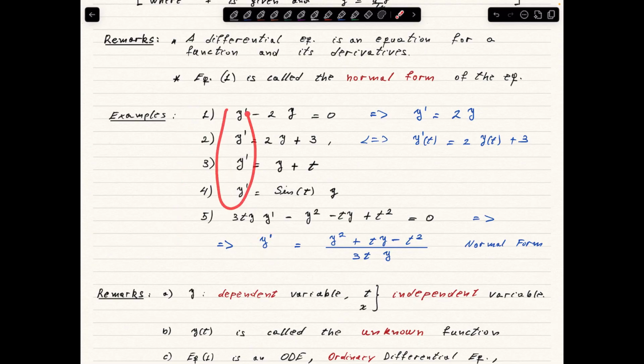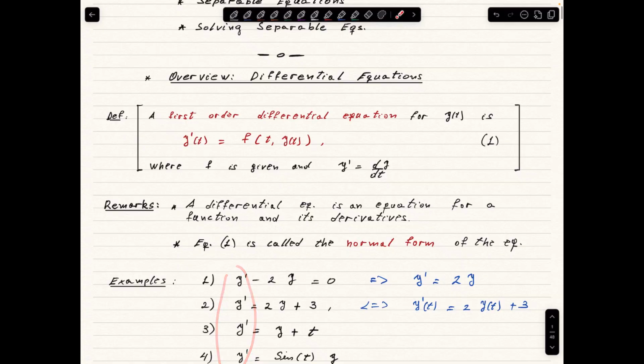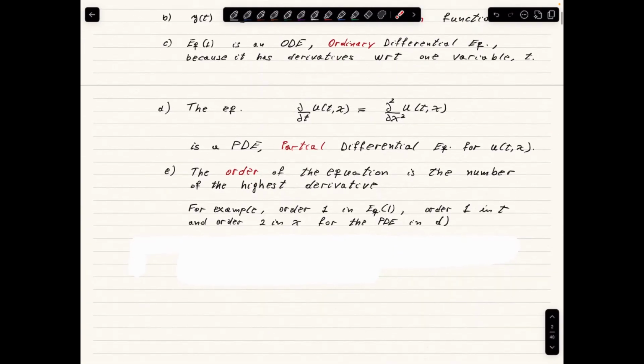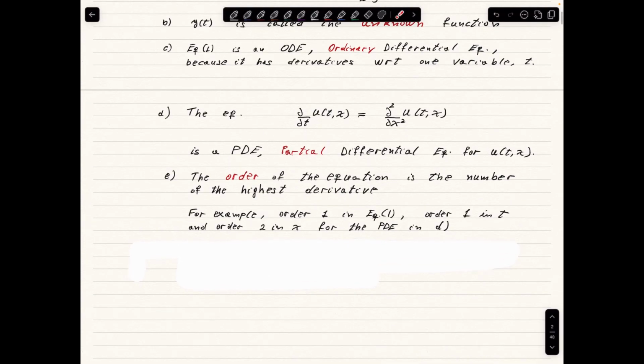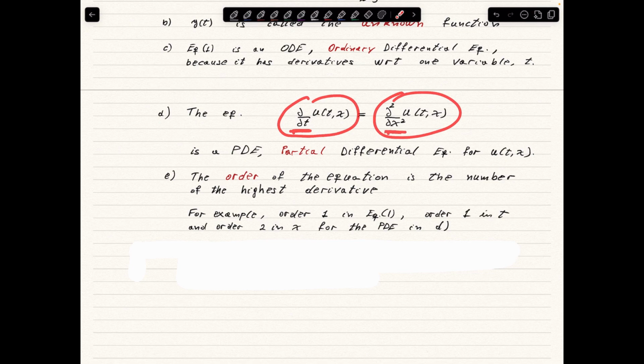So these are first order differential equations, and this is what we said over here. First order differential equation. This equation here, for example, is a partial differential equation that is first order in the variable t, but is second order in the variable x, because second derivatives with respect to x appear in the equation.